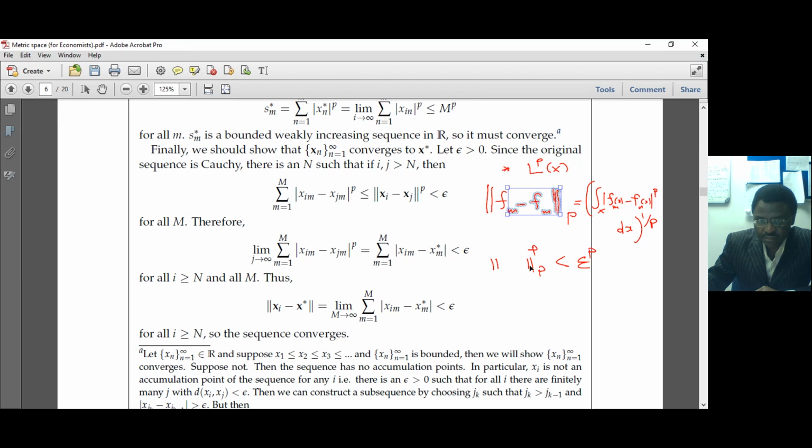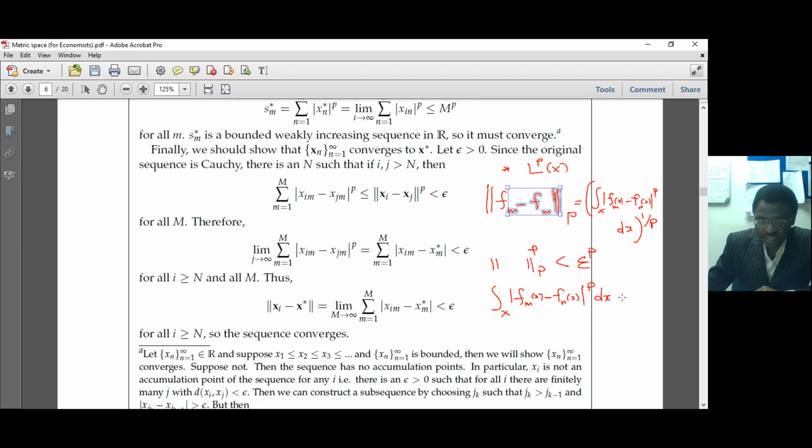But now, what is this? This to the p will be this integral, will be this part. Integral dx.